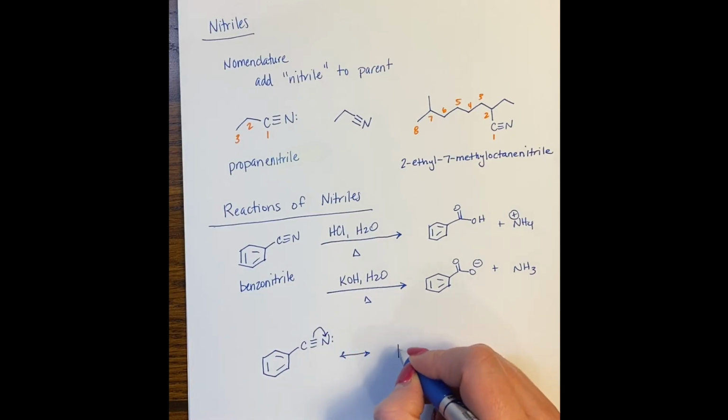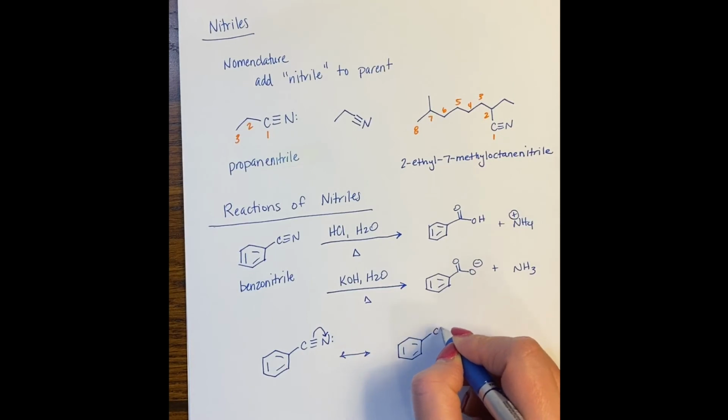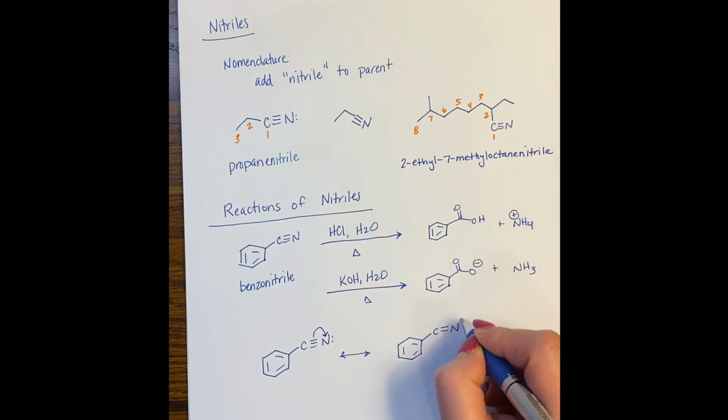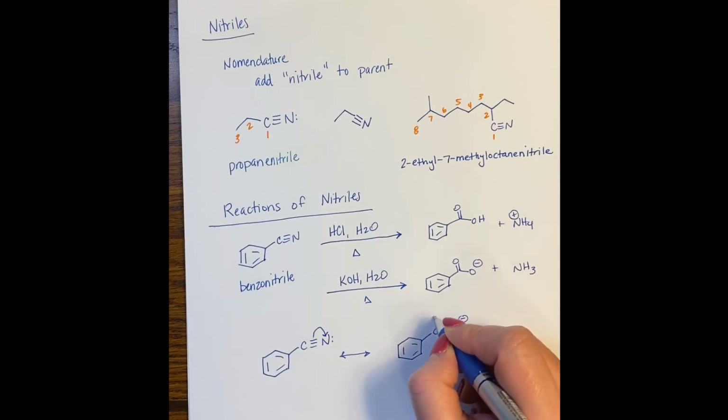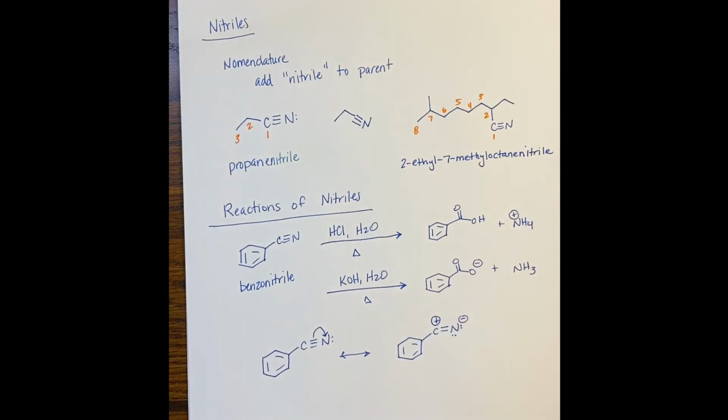When that happens, that gives me a resonance structure that looks like this, where my nitrogen has 2 lone pairs, my carbon is now electron deficient. So this resonance structure tells me that my nitrogen has a fair amount of electron density, and my carbon does not have that electron density. So my carbon is a good electrophile, like I expect based on the rest of my mechanisms.